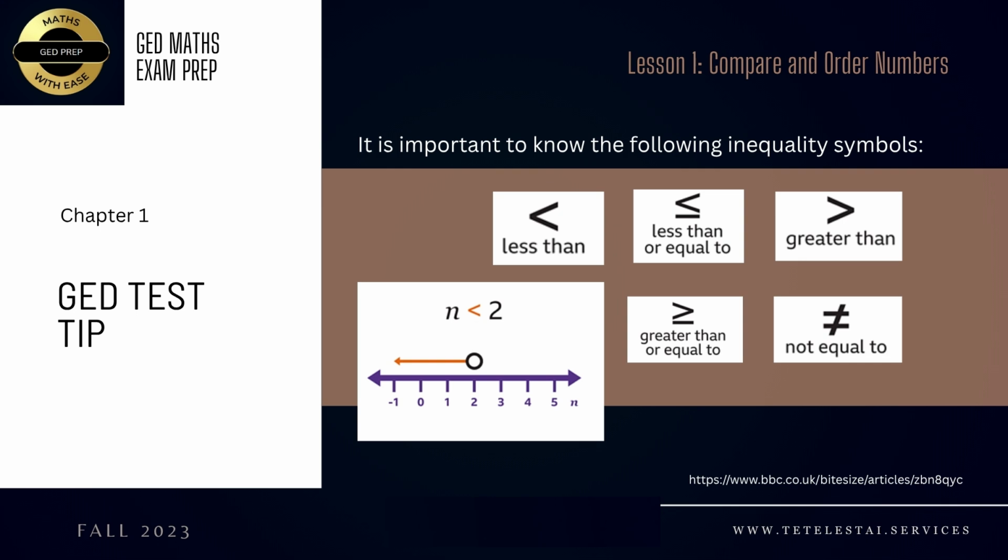The number on the left-hand side is not equal to the number on the right. So for example, if you see 5 and then the equal sign with the line going through it, they are different. Exactly, thank you, yes.